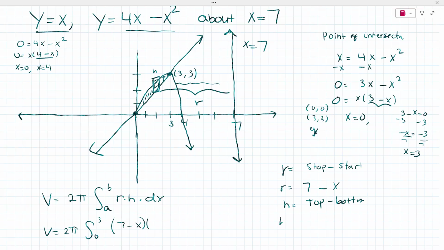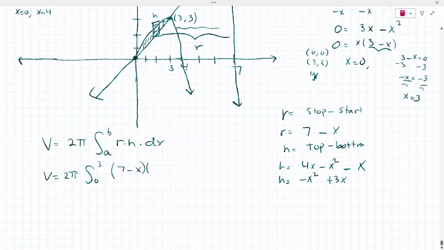Our top would be the parabola, so 4x minus x squared, minus the bottom, which is the linear line, so minus x. If you clean this up, this would be negative x squared, and 4x minus 1x is 3x. So it's going to be 3x minus x squared dx.